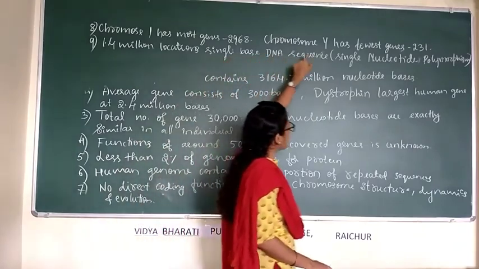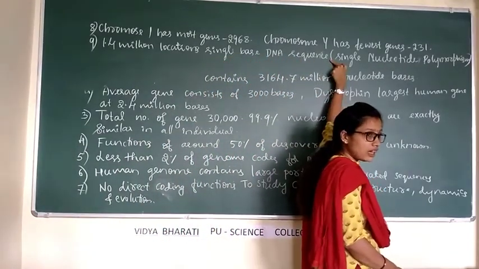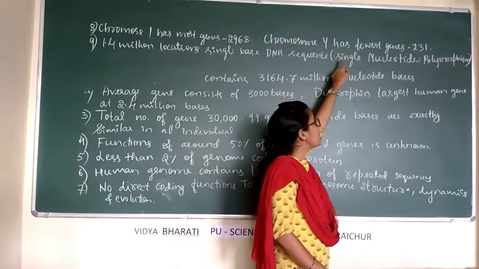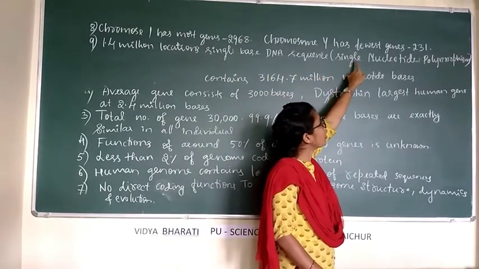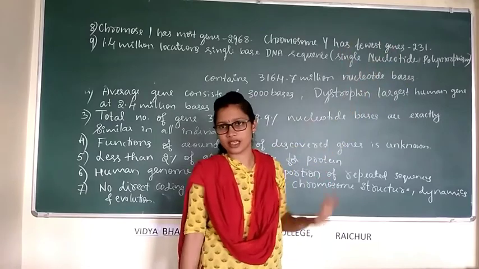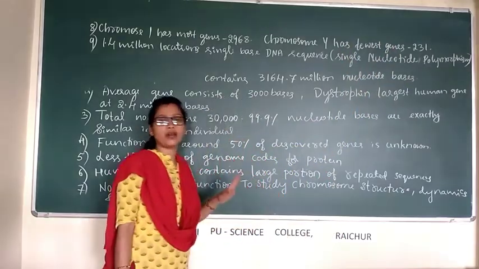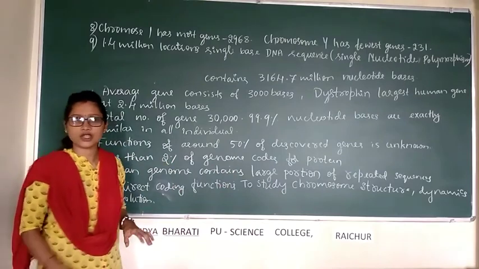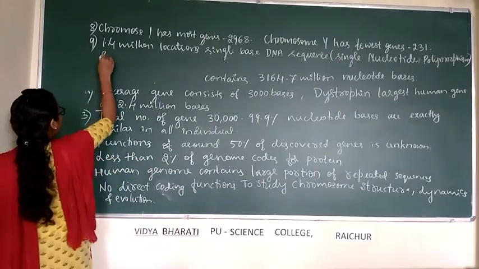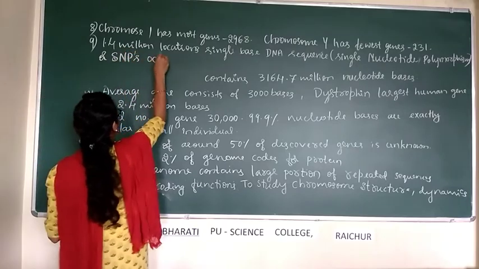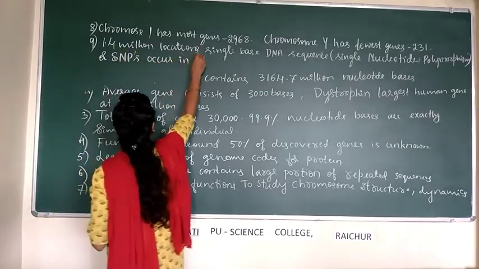A single base DNA sequence difference is also called a single nucleotide polymorphism, or SNPs.